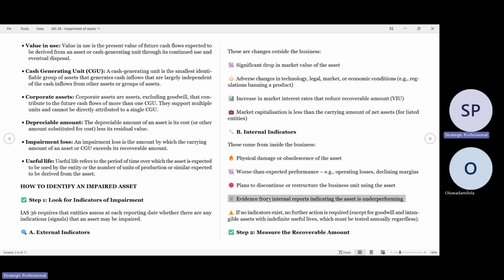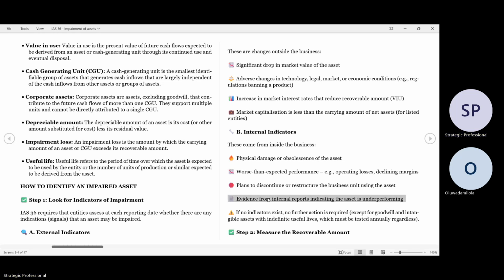If these indicators do not exist for this asset, there is no further action required. It means that whatever value you have stated in your books is correct. However, goodwill and intangible assets, you must always test annually.